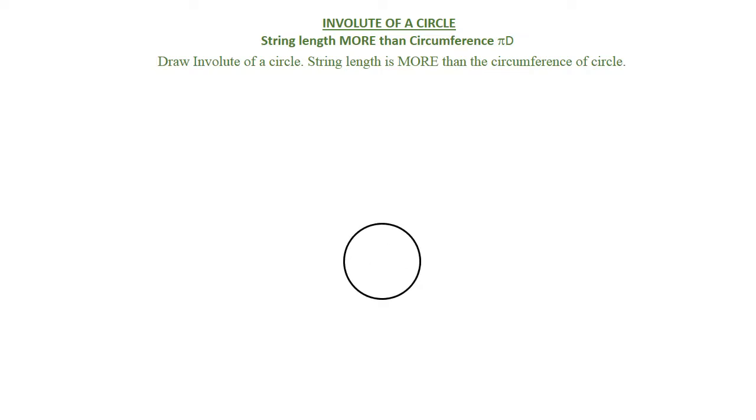Here also you will be given a circular disc with some diameter. First we draw that circle with the given diameter, divide it into 8 equal parts, and name them 1 2 3 4 5 6 7 8. Then through point 8 we draw a line. Suppose the length of the string is given as 165 mm, which is more than pi d.